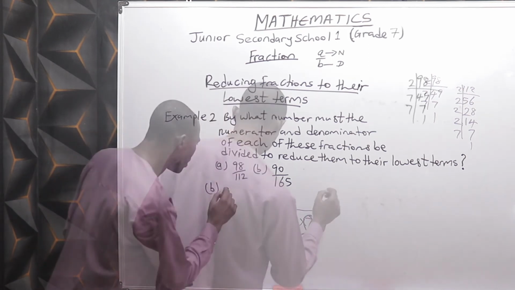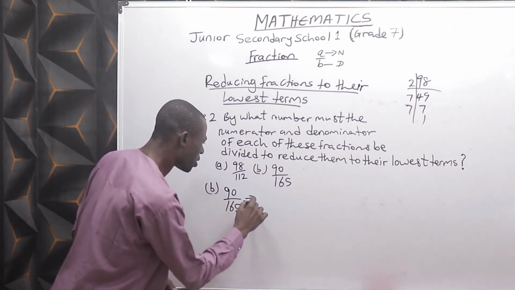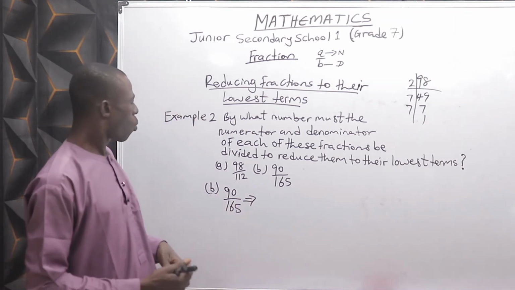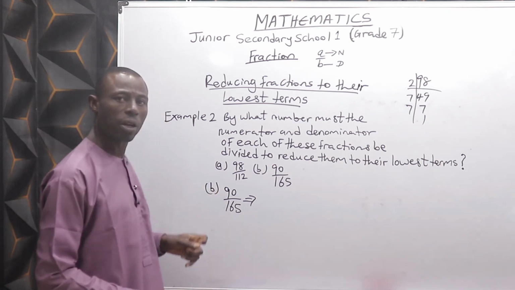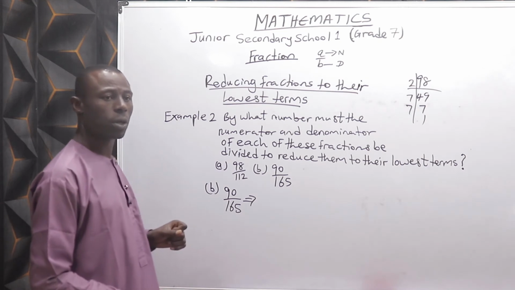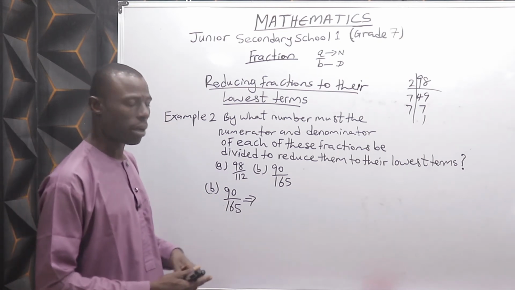Question B, 90 over 165. The question is, what is the number that must divide 90 and 165 to reduce the fraction to its lowest term?